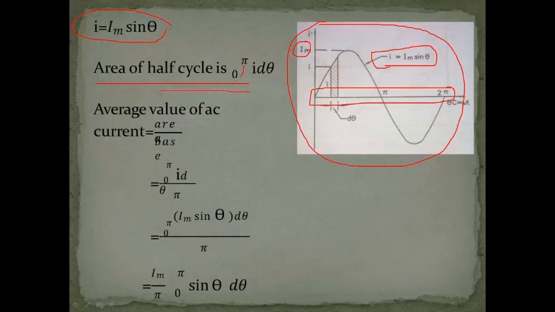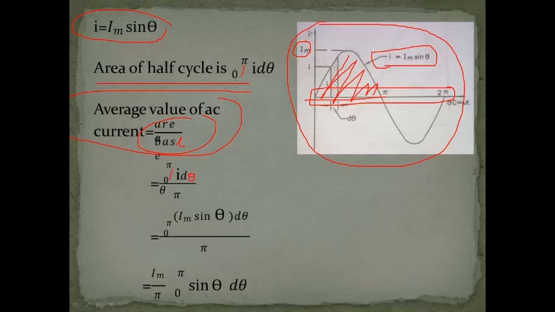So what is meant by average value? It is the area to the base value, the total area onto the base value.